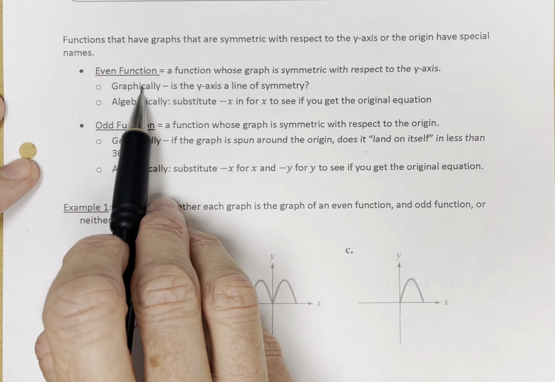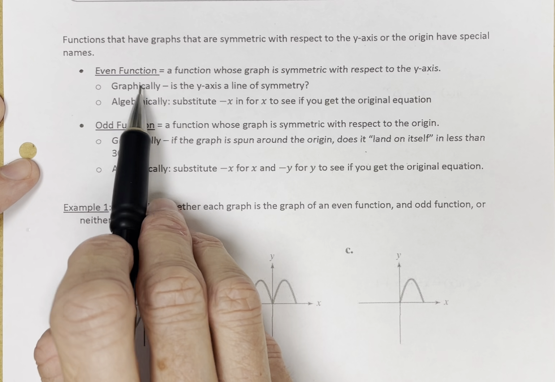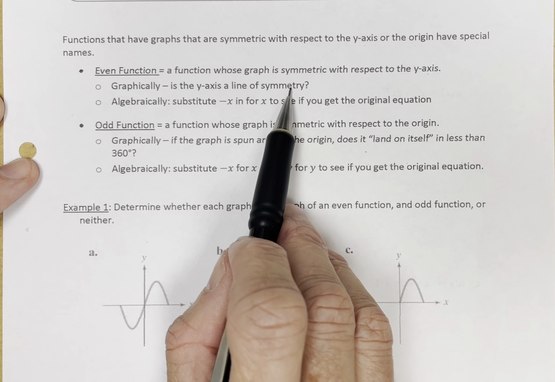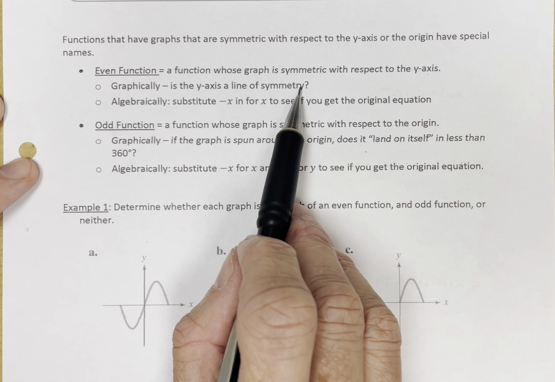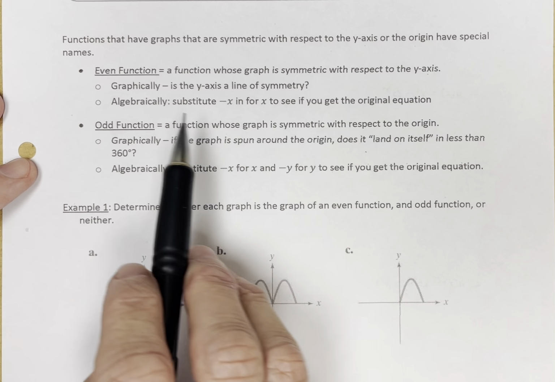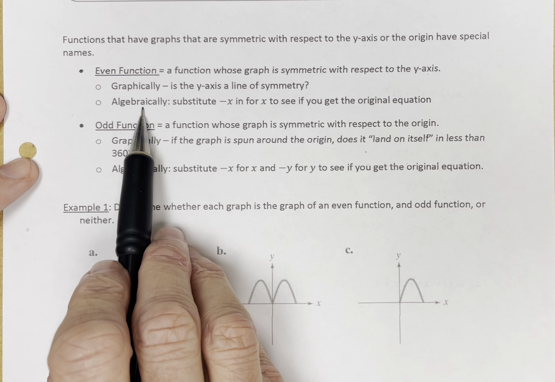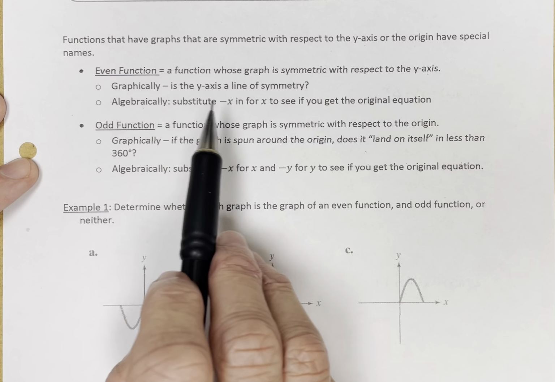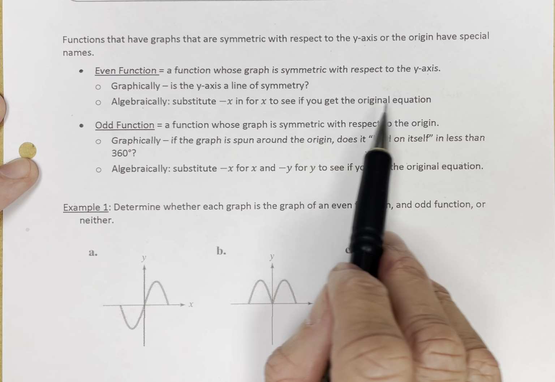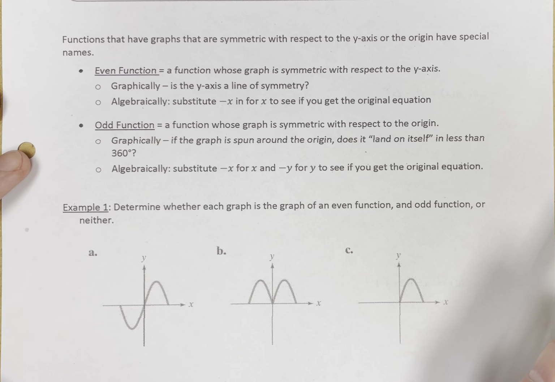Graphically, we're looking to answer the question, is the y-axis a line of symmetry? If the y-axis is a line of symmetry, then yes, it is an even function. Algebraically, as we saw in a previous video, we're going to substitute negative x in for x and see if we get the original equation.